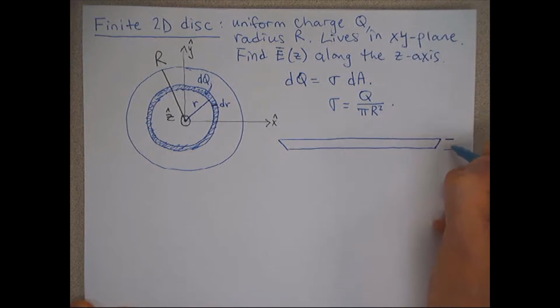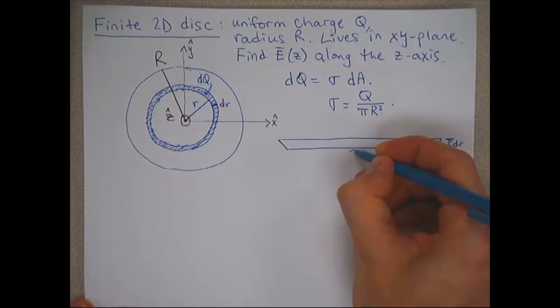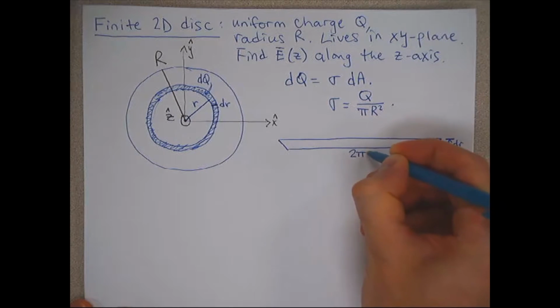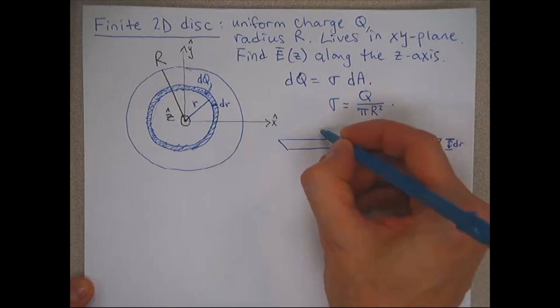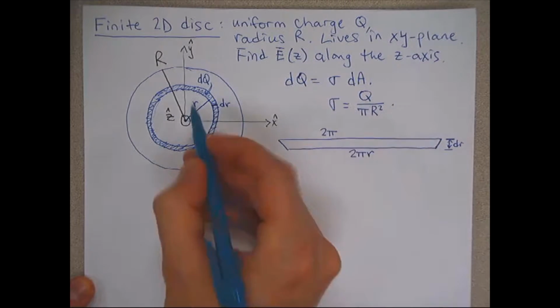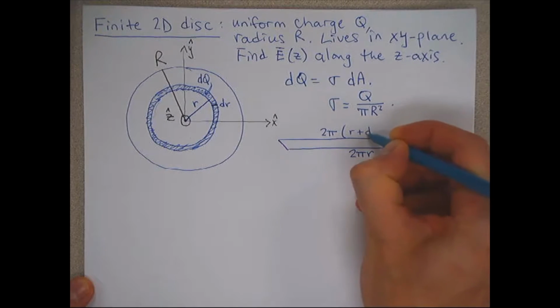If its thickness here is dr, the inner circumference of that ring would be 2 pi lowercase r as a variable radius. The outer circumference is going to be 2 pi times this slightly larger radius, which is r plus dr.